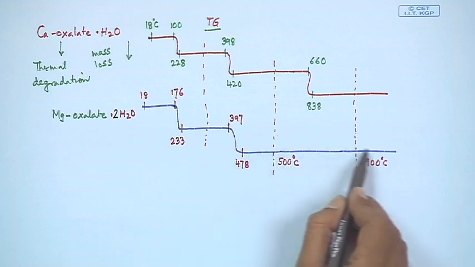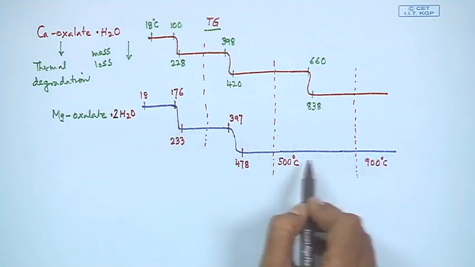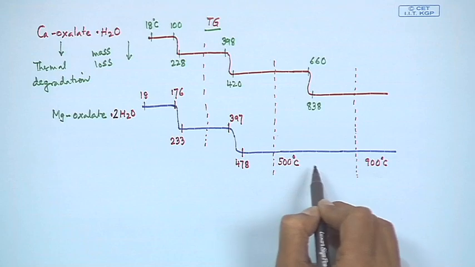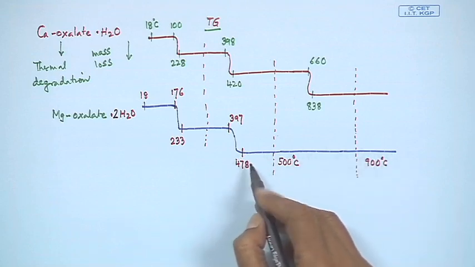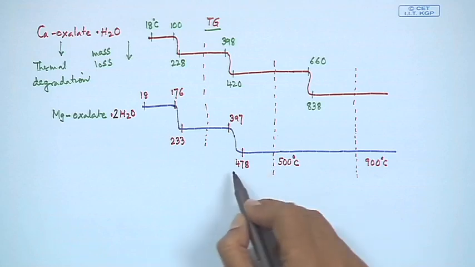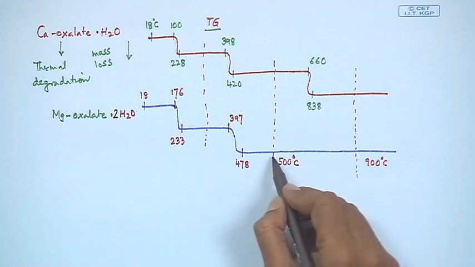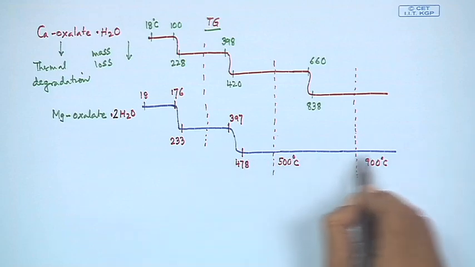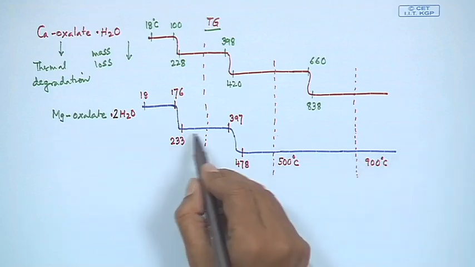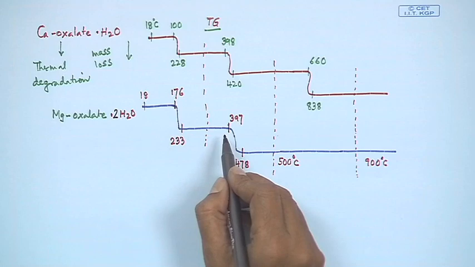And the third one, compound C from magnesium oxalate, is also stable above 478 degrees centigrade. That means it is stable at 500 degrees centigrade, it is also stable at 900 centigrade without giving you any mass change. So, the mass will be constant in this particular range.